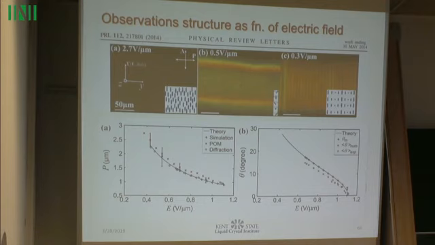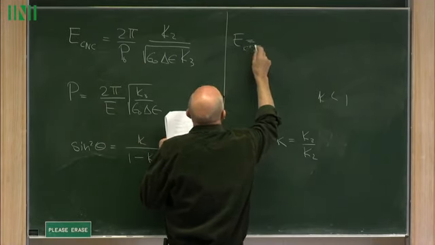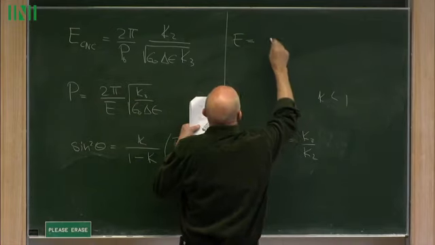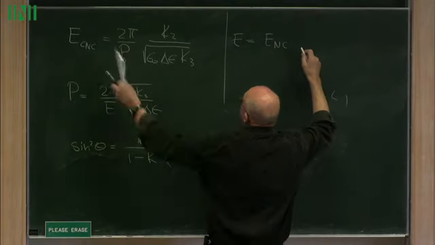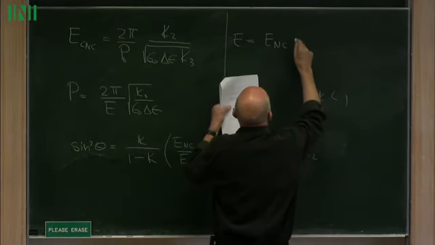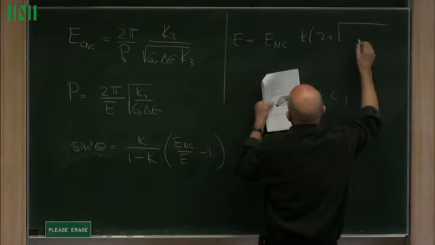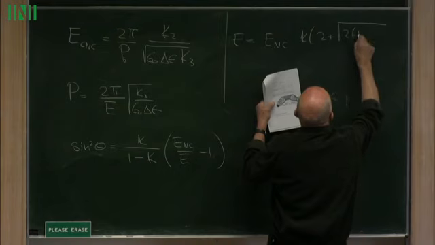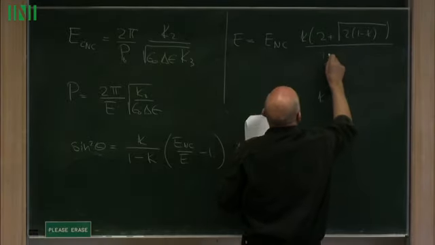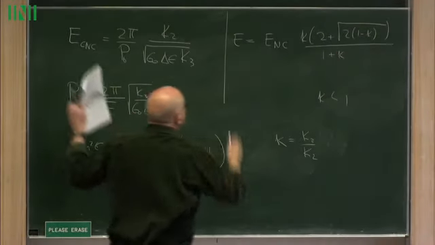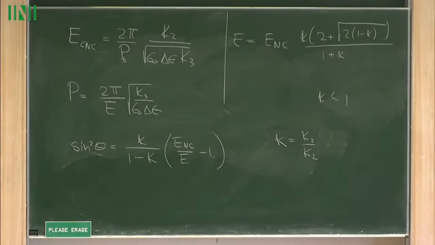And this is just, well, it doesn't matter what the subscript is here, the original critical field times the square root of kappa squared plus 2 times 1 minus kappa, divided by 1 plus kappa. So basically these are the two fields in between which one can see this heliconical structure.